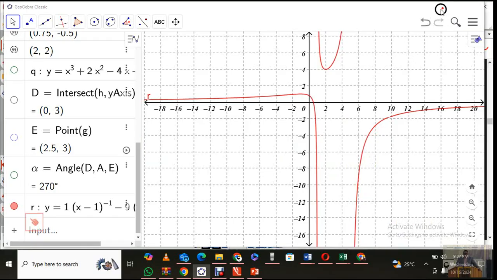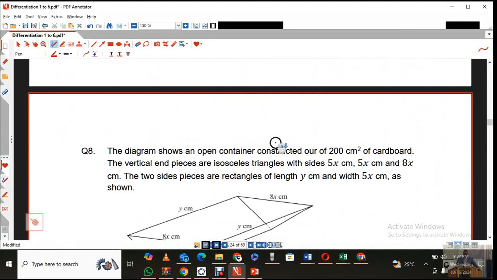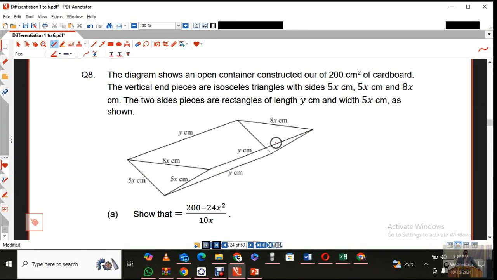Interesting. Okay. Next question. Question 8. Nice diagram. The diagram shows an open container constructed out of 200 square centimeters of cardboard.